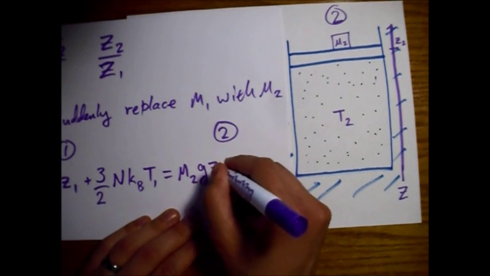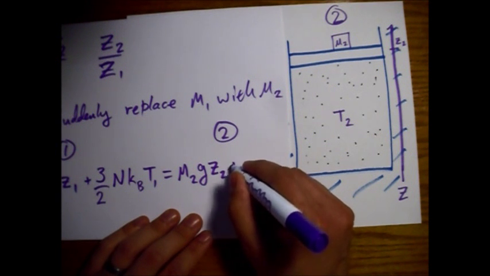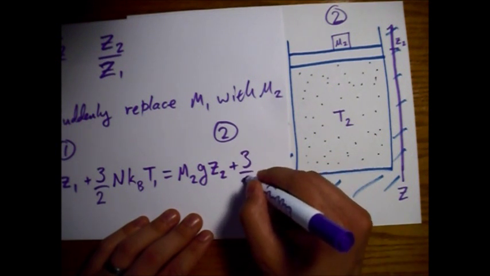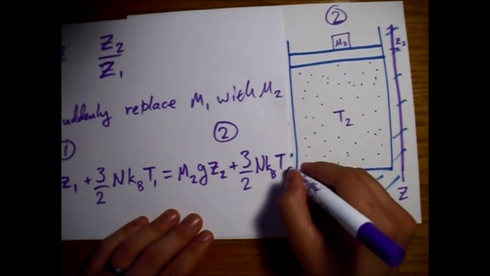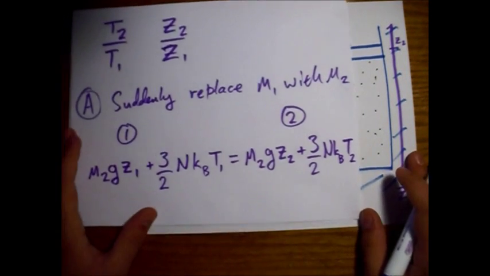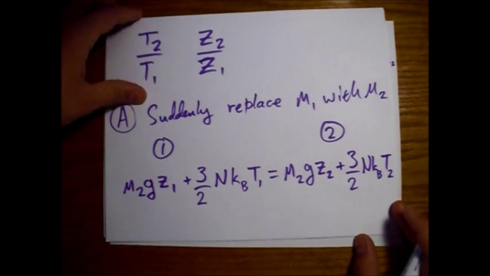This time it's at height Z2, so we have an M2 g Z2 plus 3/2 N k_B, and this is a T2. Okay, so this is one of our equations from conservation of energy.